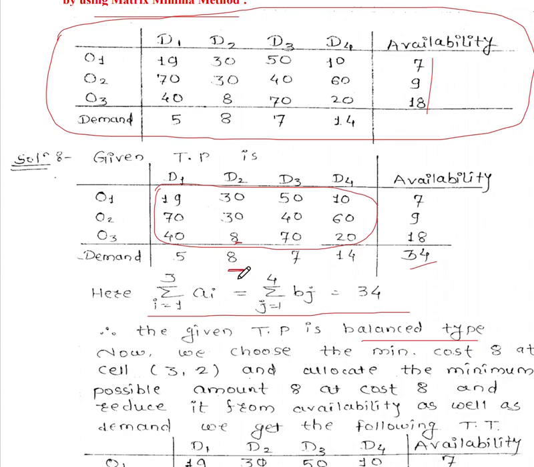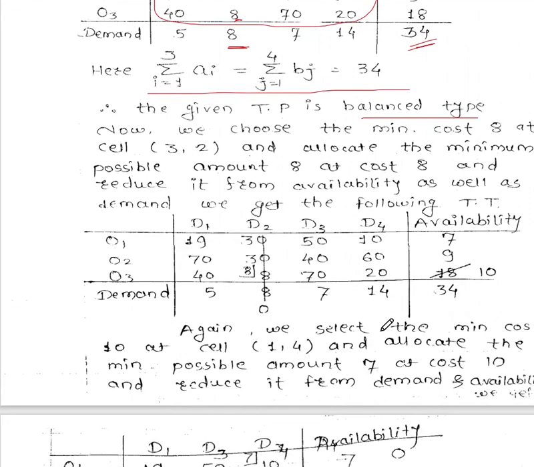Take the minimum possible amount, 8, and subtract it from the demand as well as the availability, and from the total. After allocating 8 and subtracting it from demand and availability, the demand becomes 0, which means the second column is satisfied. The availability remaining is 18 minus 8, that is 10.